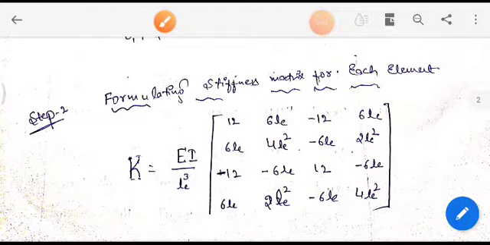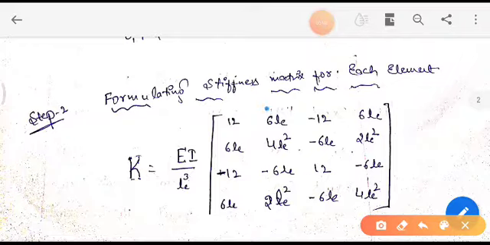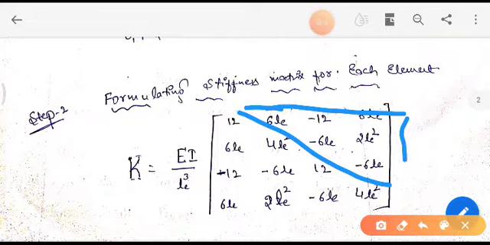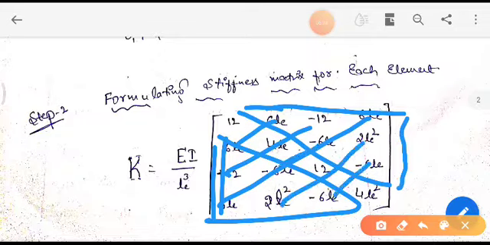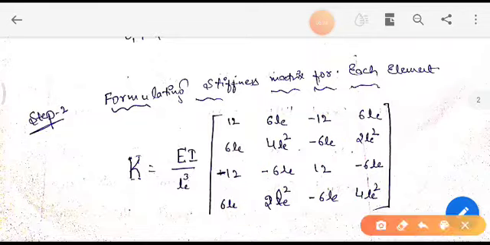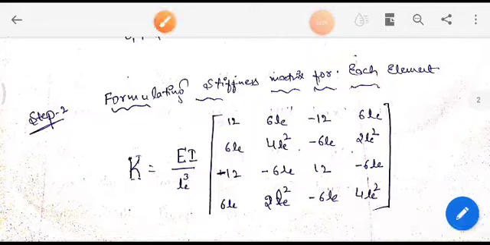How to remember this matrix? As I already told, this is a symmetric matrix, so you need to remember only the upper diagonal elements. If you remember the upper diagonal elements, the lower diagonal elements are the same elements. You also need to remember the diagonal elements, that is 12, 4 Le square, 12, 4 Le square.